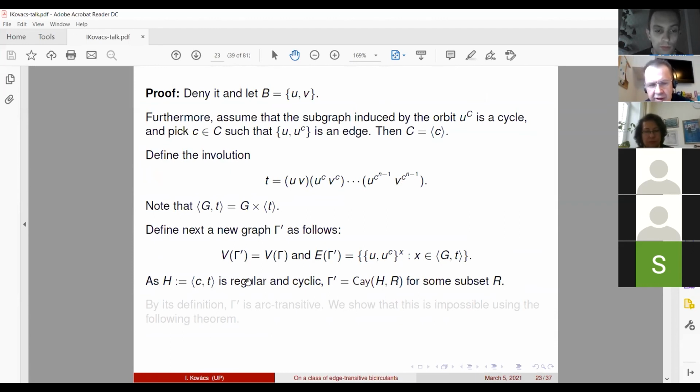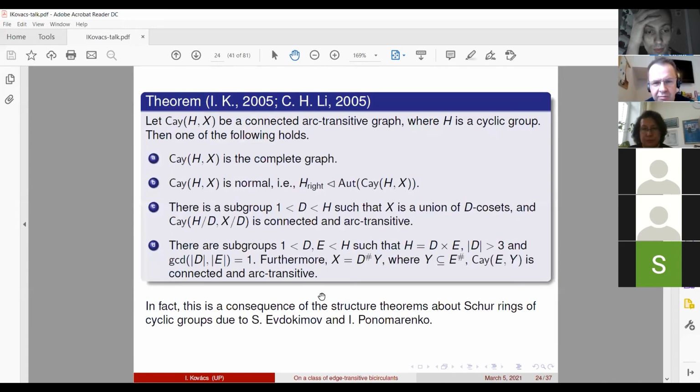But in general, you get an arc-transitive Cayley graph not over a cyclic group, but over a group Z2 times Zn. So we cannot repeat this trick here because we don't have a classification of arc-transitive graphs over such abelian groups.